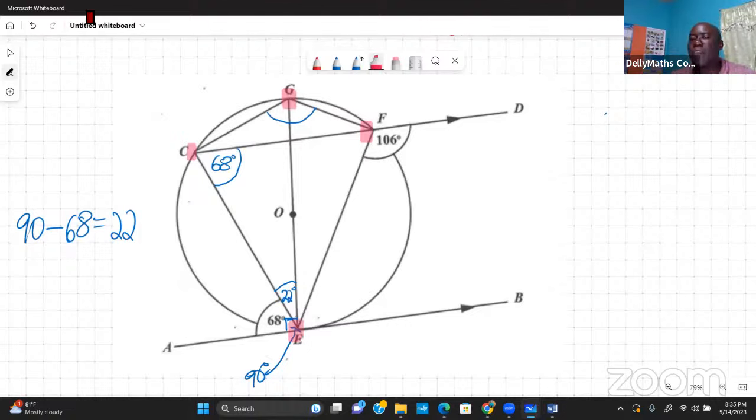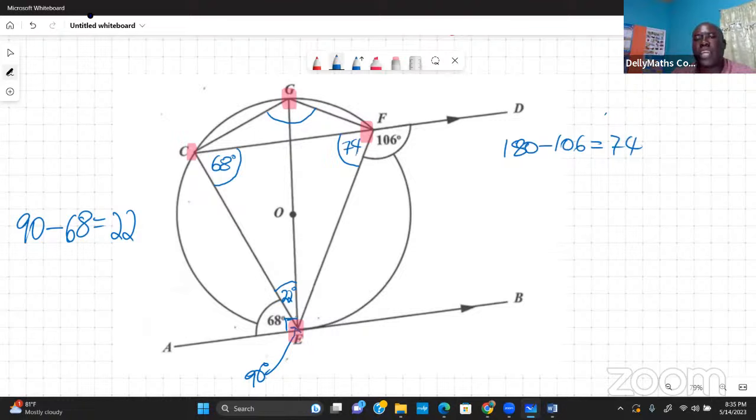Opposite angles add to give 180 degrees. I can use this knowledge to help me. Watch. I could understand that this angle is simply 180 minus 106, and we'll get 74.